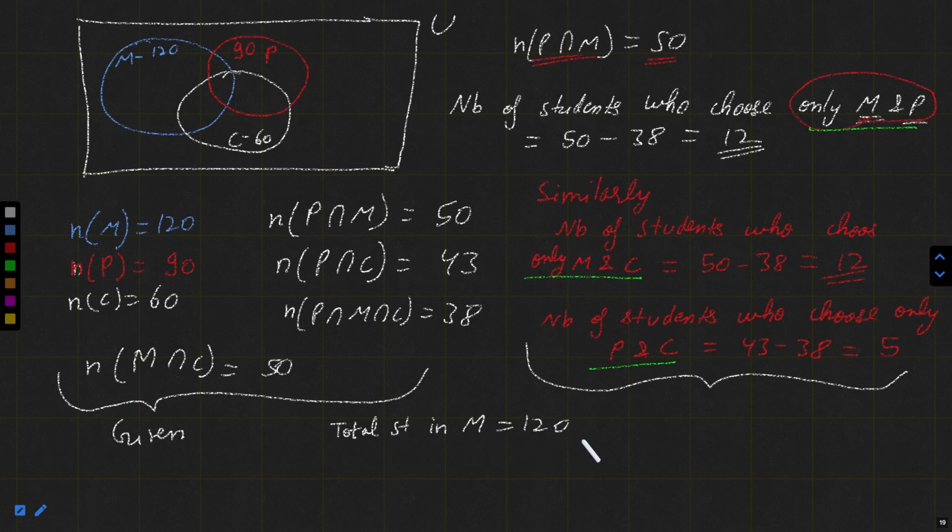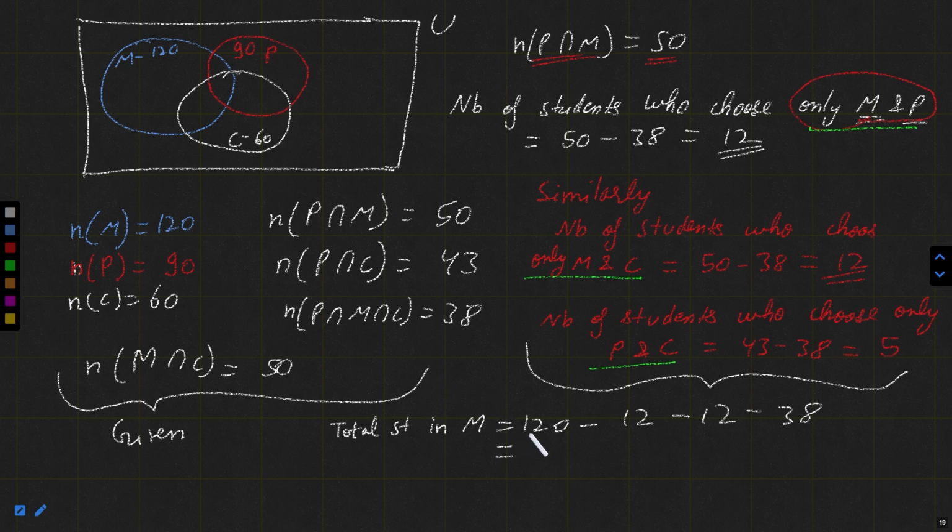From 120, if I subtract students with math and physics, math and chemistry, and math, physics and chemistry, I will be remaining with the students who have only math as their subject.